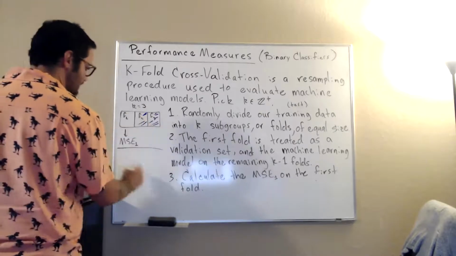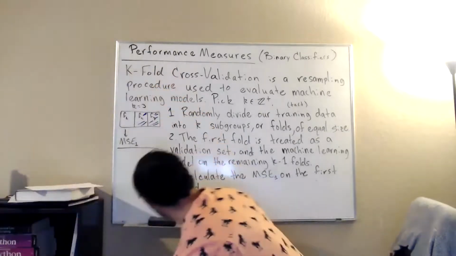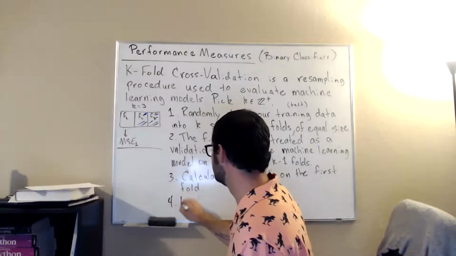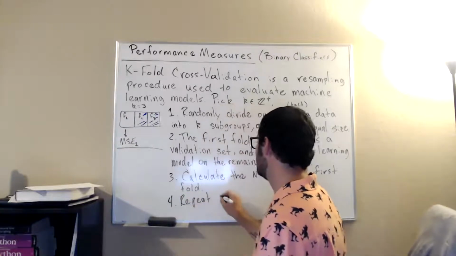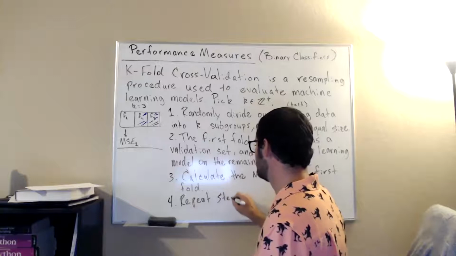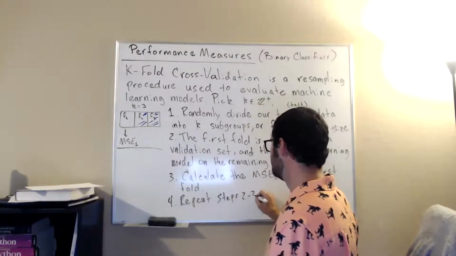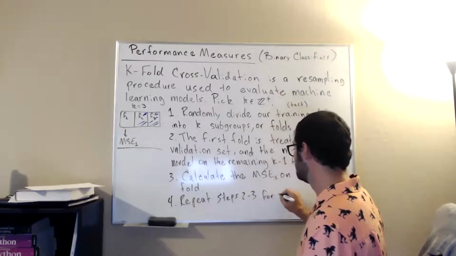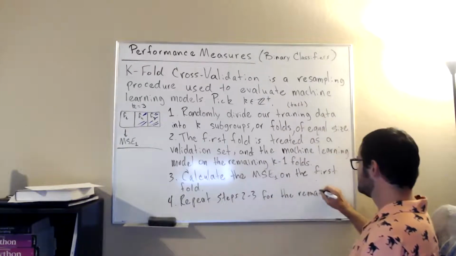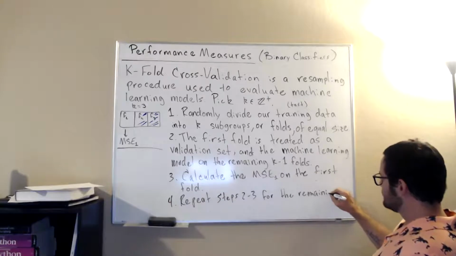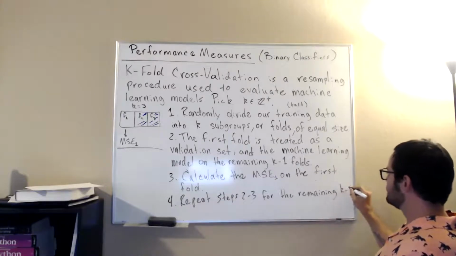And then after you do that, part 4, repeat steps 2 and 3 for the remaining k minus 1 folds.